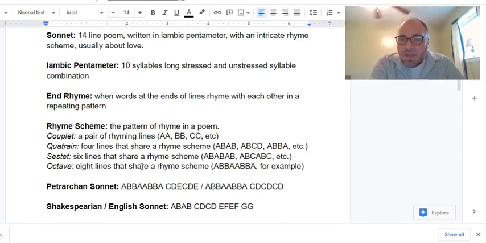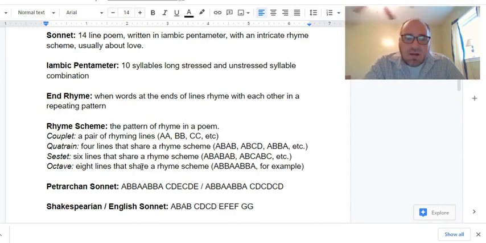Some options: ABAB, ABCD, ABBA. Any combination. There's more than that. In fact, the more lines you have, the more combinations there are. But if it's a 4-line rhyming group that has a rhyme scheme like that, we call it a quatrain. We saw those in Sir Gawain and the Green Knight when it would break into rhyming quatrains.